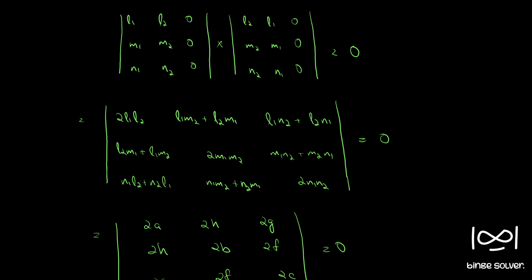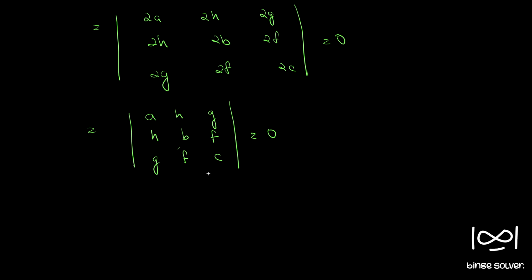So if you open it up and apply the formula, we will get ABC plus 2FGH minus AF square minus BG square minus CH square equal to 0.